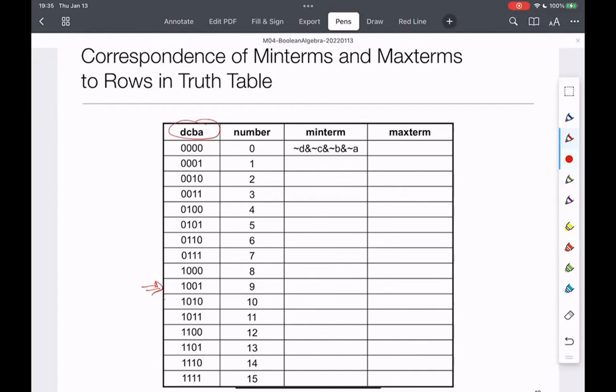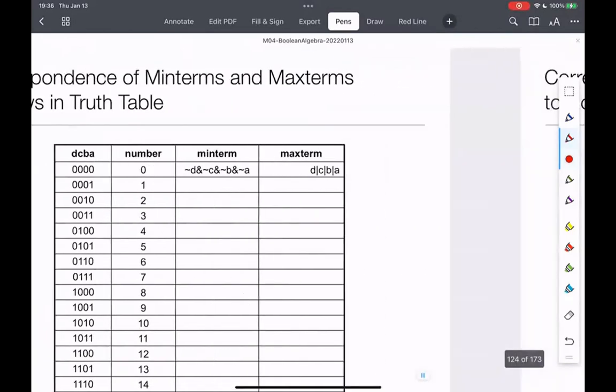D, not C, not B, A. Yes, D and not C and not B and A. Okay. Let's pick another one, 1100. So D and C are 1. So it would be D and C and not B and not A. Okay, hopefully not too hard.